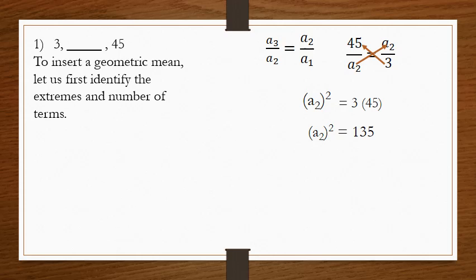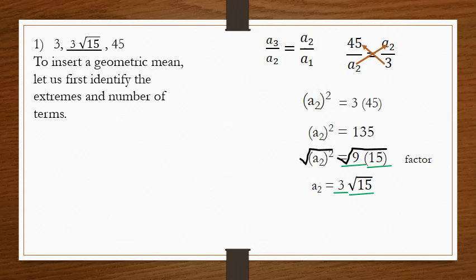So ang gagawin natin, let us factor first 135, and that should be 9 times 15. Then let us now get the square root of 9 and 15. So we have the square root of 9 is 3, and the square root of 15 is square root of 15 kasi wala tayong square root. So therefore, ang magiging value natin sa second term is 3 square root of 15.